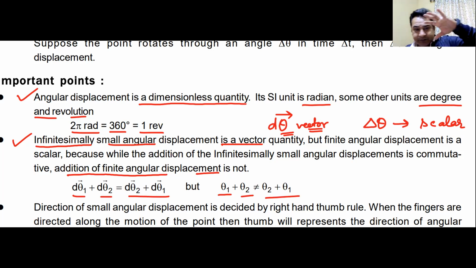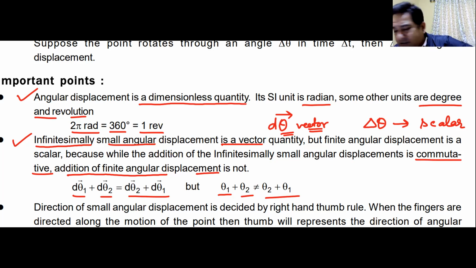That means if the change in angle is more, it is a scalar quantity because it does not obey commutative law. For large change in angular position does not obey commutative law.